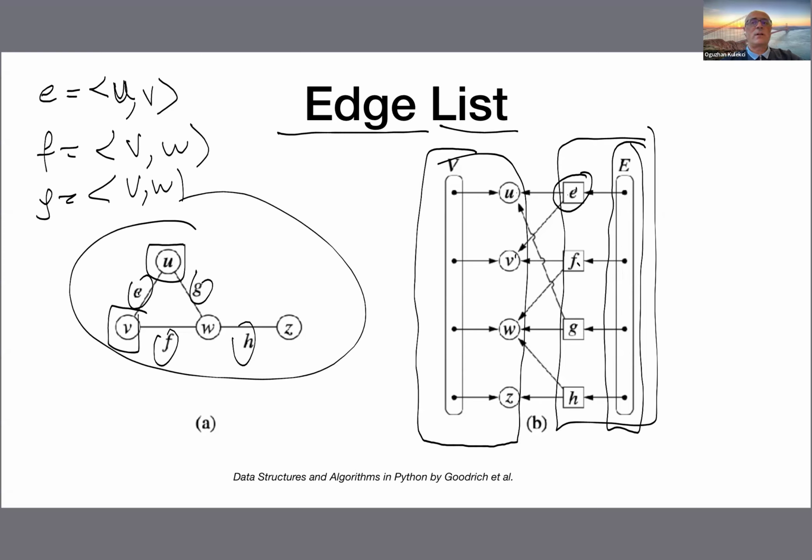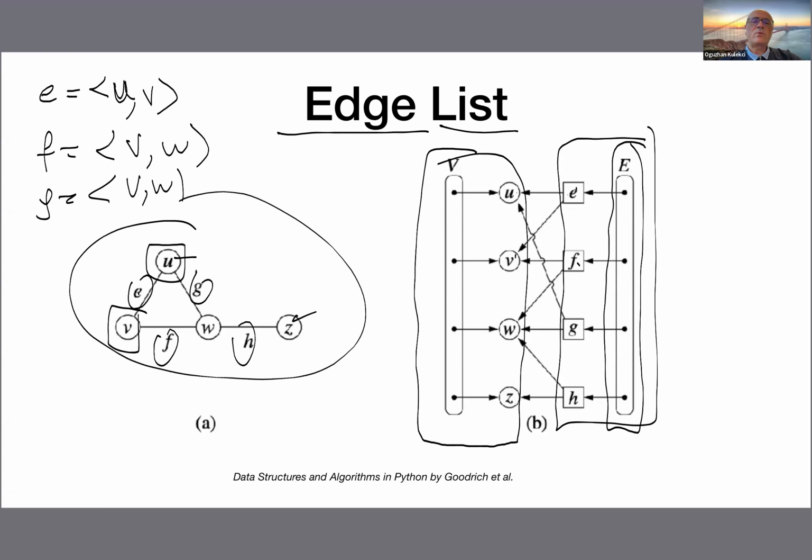For instance, I would like to see if there is an edge connecting U and Z. Actually, there is no edge. However, to find that out, I need to pass over this edge list and check all of them one by one.